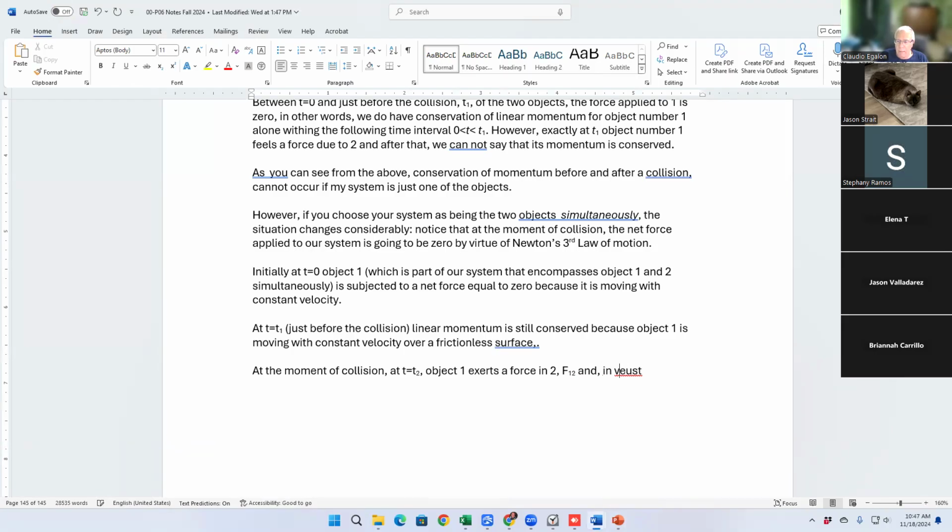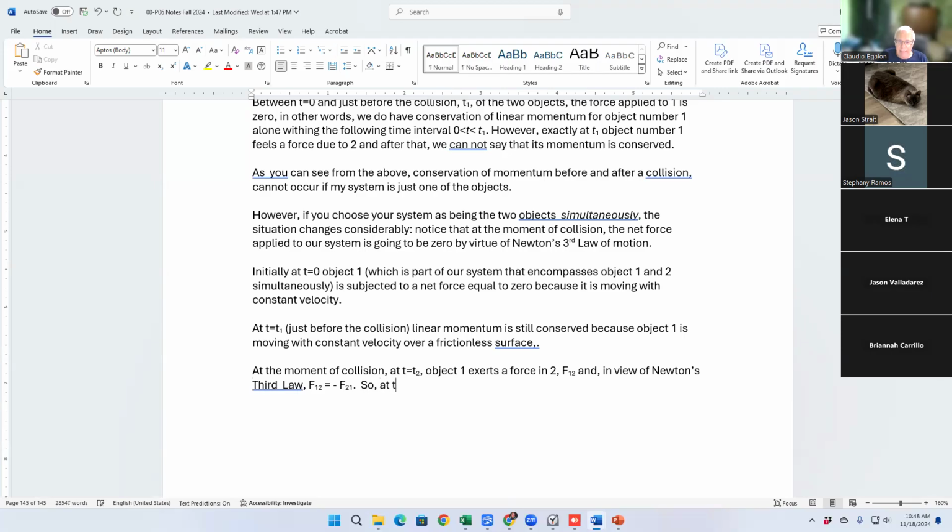In view of Newton's third law, F of 1 and 2 is going to be equal to minus F of 2 and 1, right? And this one is supposed to be a vector, okay?